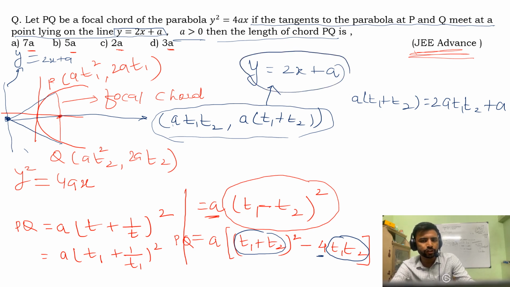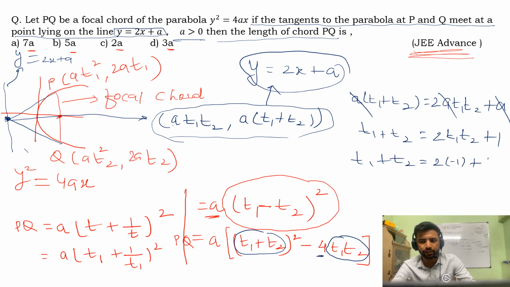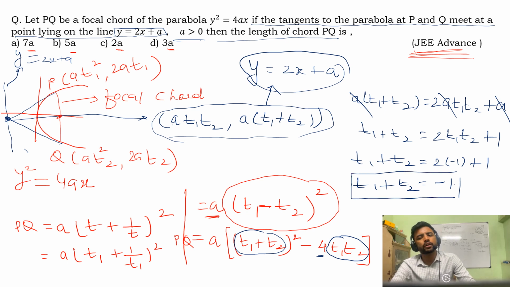We have just put the values of x and y in this equation. So a, a, a will cancel. What remains, t1 plus t2 is equal to 2 t1 t2 plus 1. Now t1 plus t2 is equal to 2 into minus 1 because it is given, plus 1. So minus 2 plus 1 will be minus 1. So t1 plus t2 is equal to minus 1.